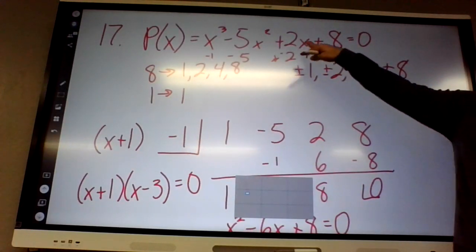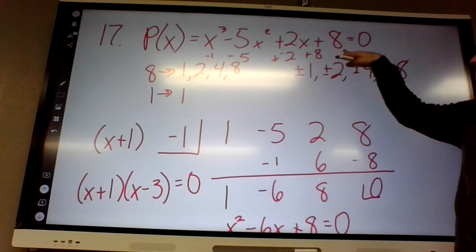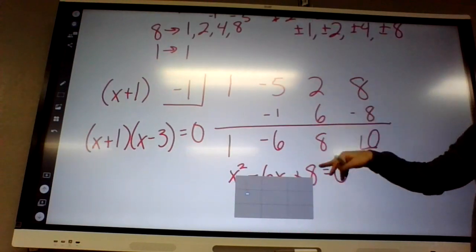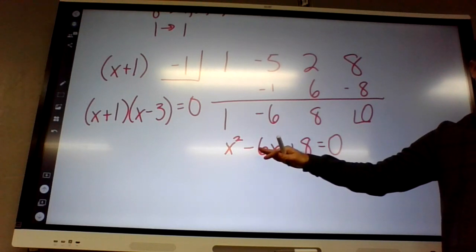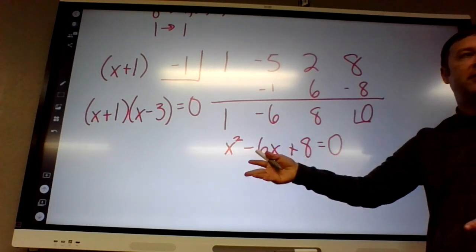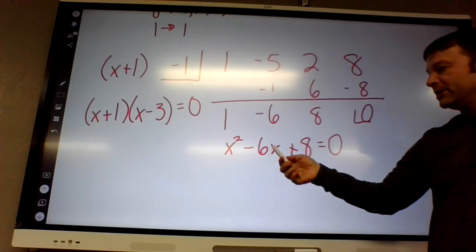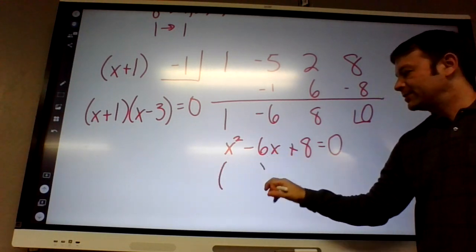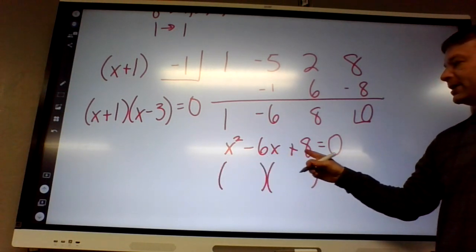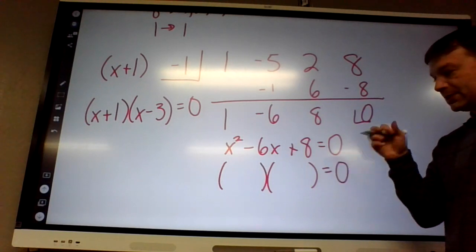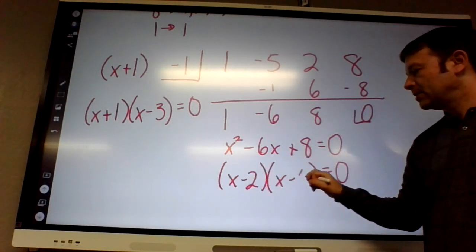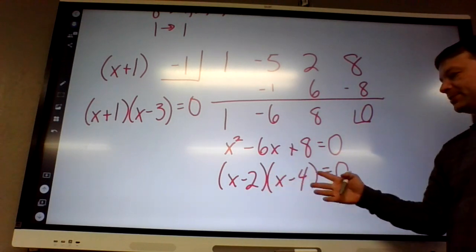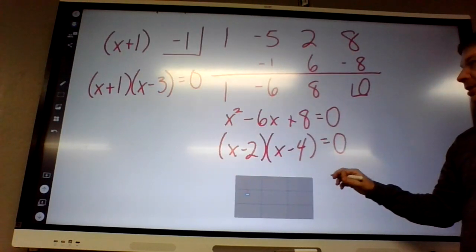You could keep plugging stuff in up here, but since this is a quadratic equation, we can just factor like we did last chapter, or use the quadratic formula if we have to. You guys know how this one factors? What multiplies into 8 that adds up to -6? -2 and -4. And what x values make this equal to 0? 2 and 4.